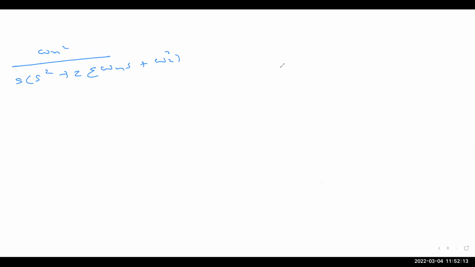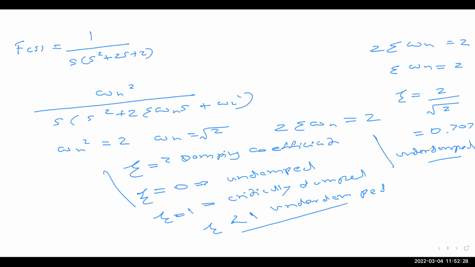Someone is asking whether zeta is 1 over root 2. Did I make a mistake? 2 zeta omega n is equal to 2, so this is then 1.